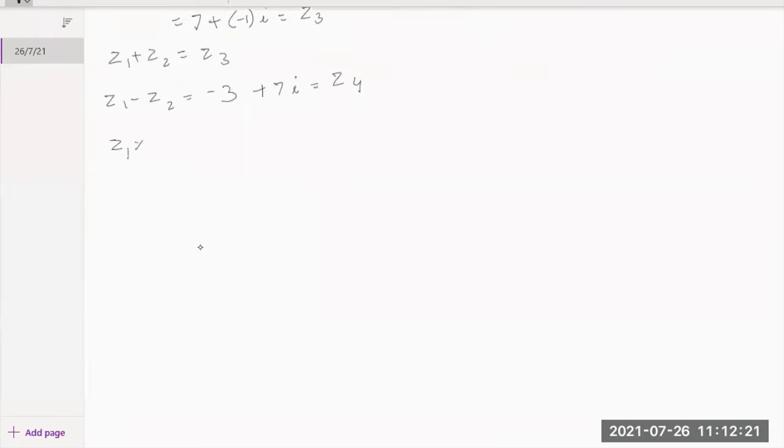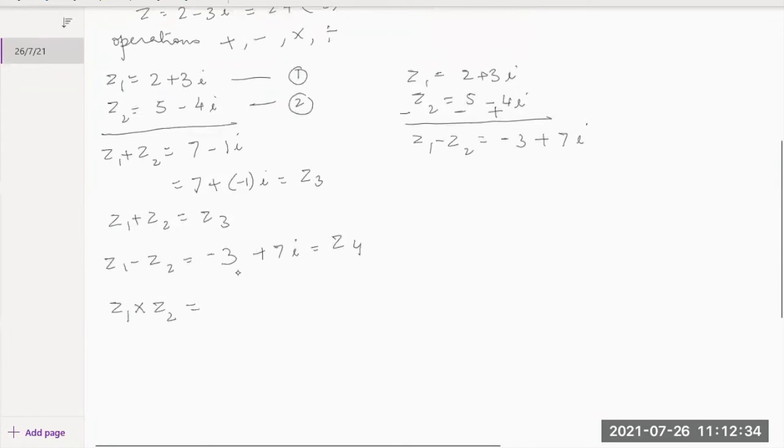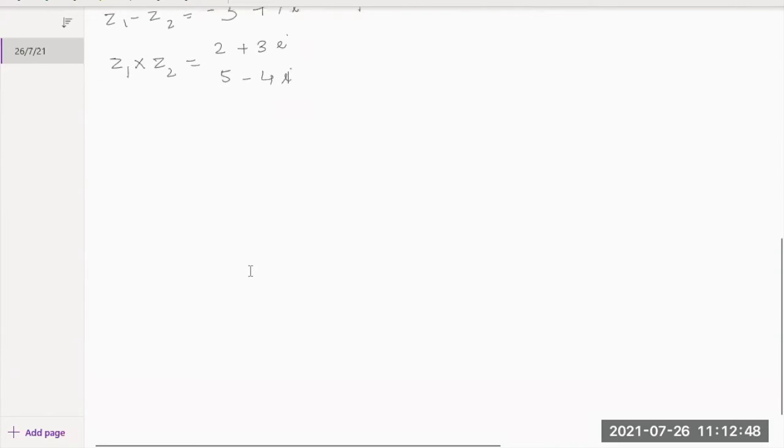Z1 into Z2. Now again, algebraic multiplication. I'm going to do it in the same manner. I had my Z1 as 2 plus 3i and Z2 is 5 minus 4i. Now, if you have to do the multiplication algebraically, what is the concept?